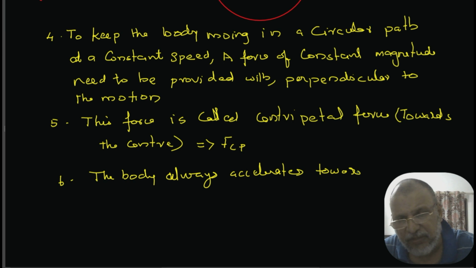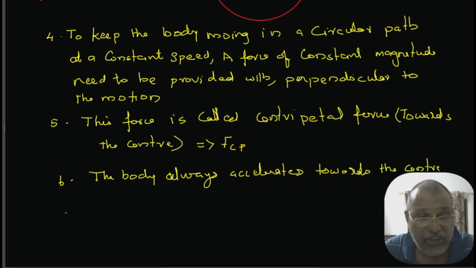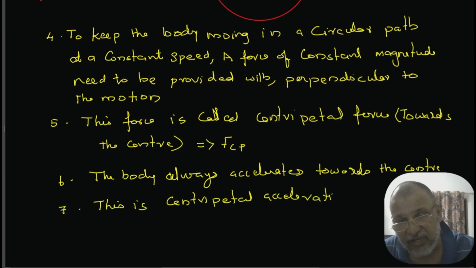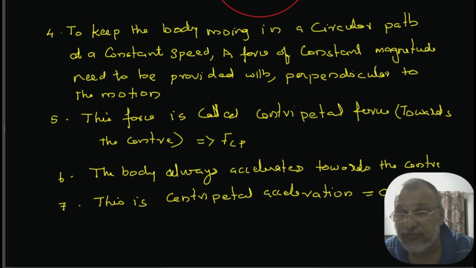How does it happen? Simple application of Newton's second law. This acceleration is called centripetal acceleration, and it's often represented as ACP. This is just a consequence of Newton's second law.